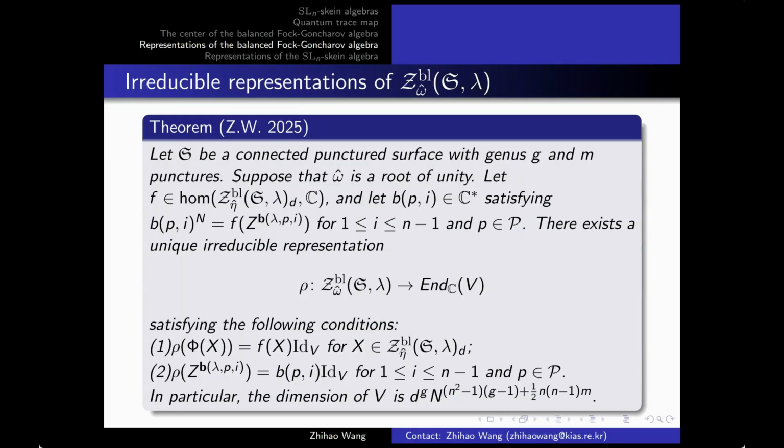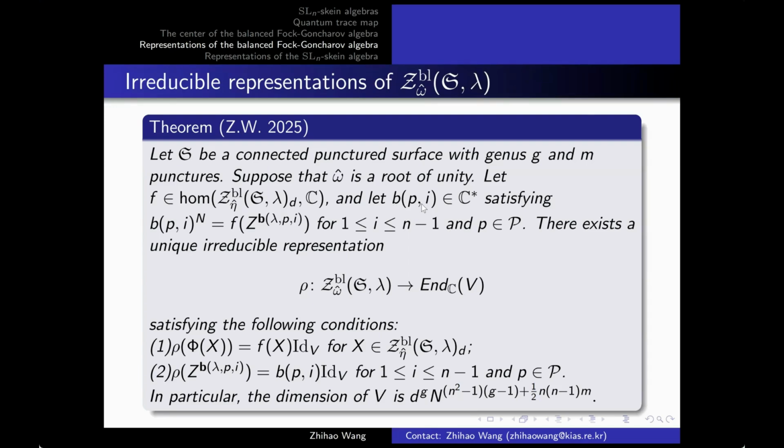So S is a connected punctured surface of genus g with punctures. Also, we have the root of unity assumption. F is an algebra homomorphism from this algebra to C, and the values are non-zero complex numbers.